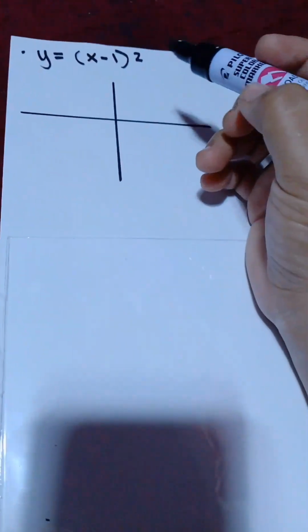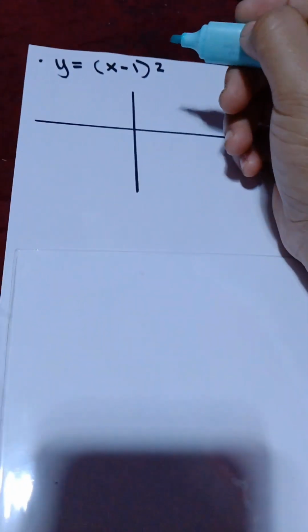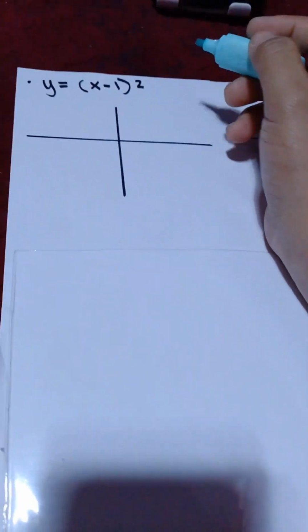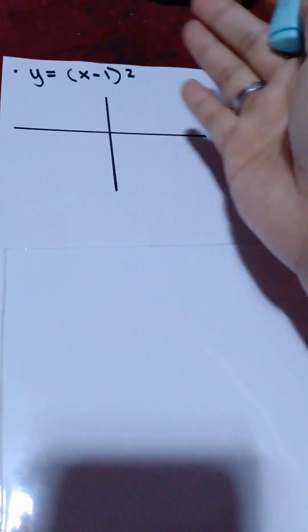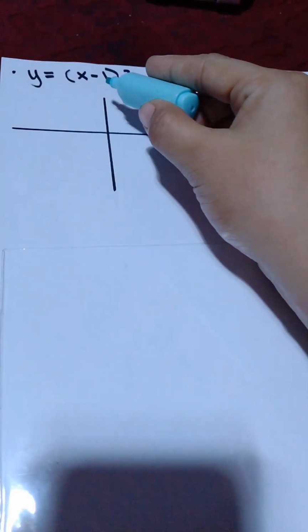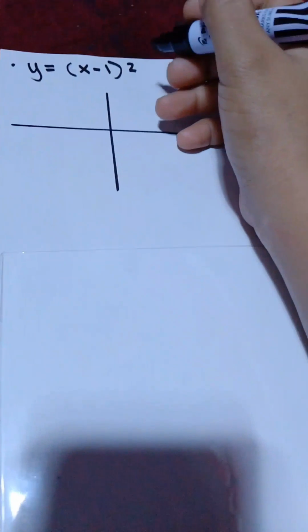The graph is still upward, but we're going to move to the right, to the positive side, 2 units.